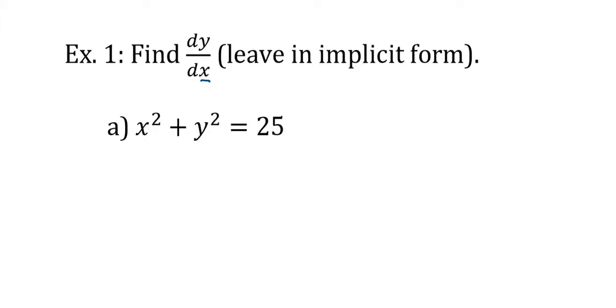All right, so let's see what this looks like. This is the same circle that we just saw. The rules don't change for the parts that are the same as they always have. It's not like all of a sudden we do something different. The derivative of x squared is still 2x.